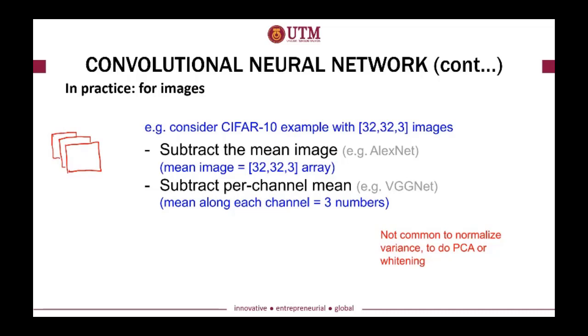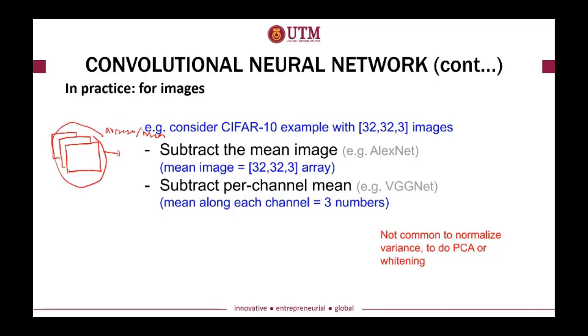So in other words, if you combine RGB together, it looks like a 3-dimensional matrix. So what AlexNet does is find the average, or the mean, of this whole matrix.